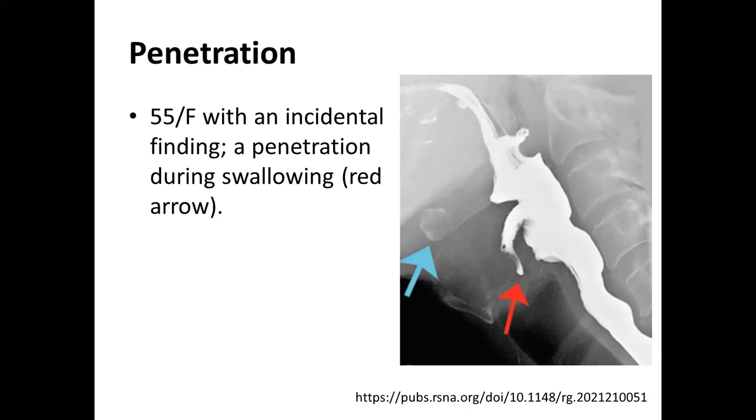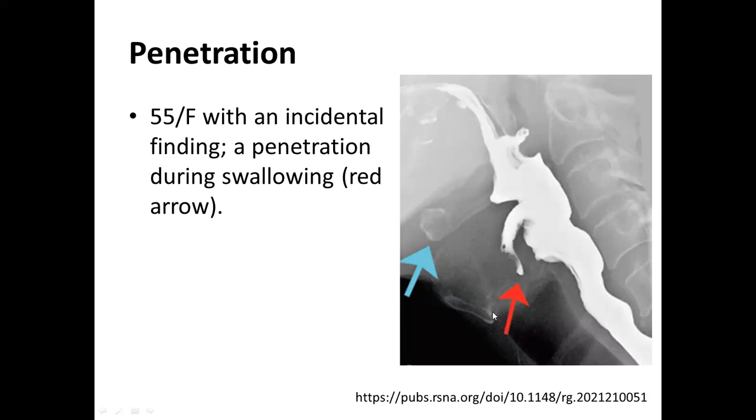So this is a case where I wanted to demonstrate penetration, where a 55-year-old female was found with an incidental penetration. You can see we have our hyoid bone here, and we have our contrast in the larynx, which is just around here.